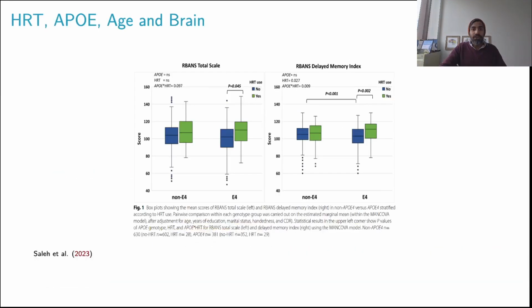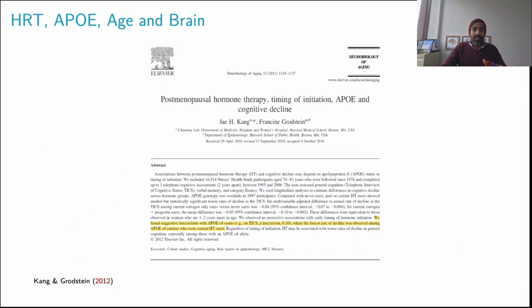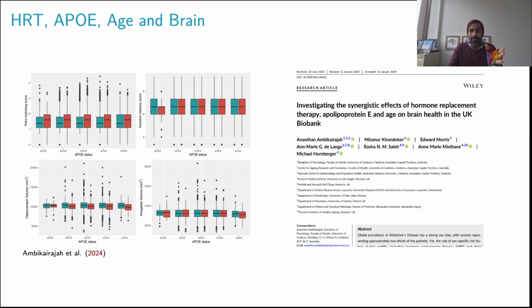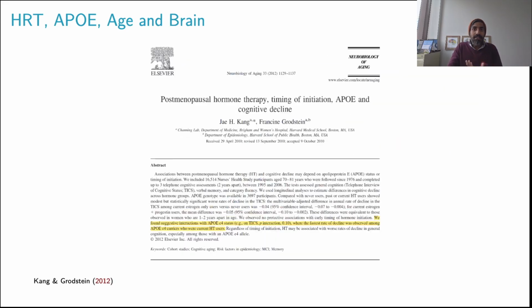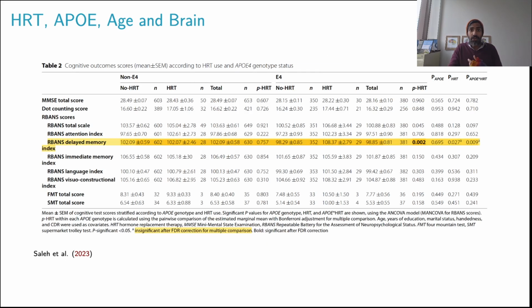So in all three studies, they have found statistically that it in fact does not meet the threshold for statistical significance, but it's articulated in a way which infers that actually there is an effect. And so when you look more deeply into the studies, you find that actually they align perfectly with what the findings are in this study. And so it doesn't appear that there's this interaction for cognition for these variables.